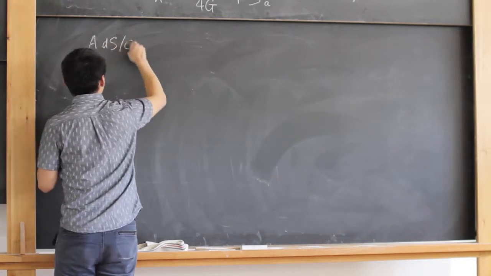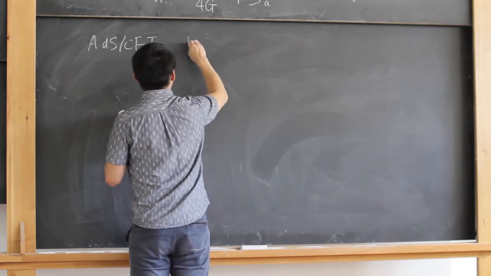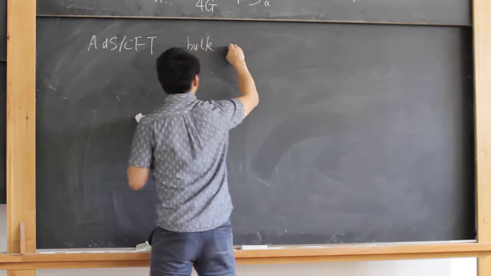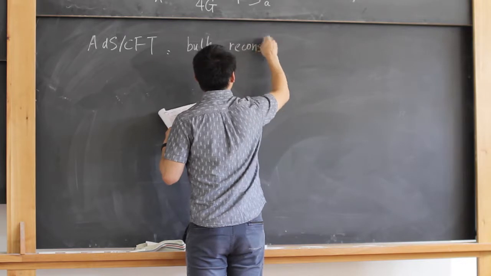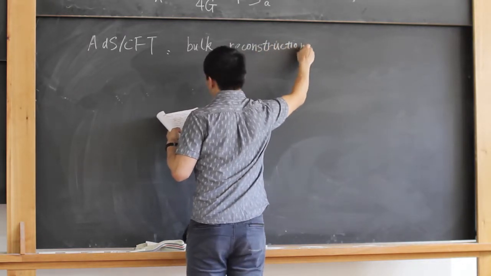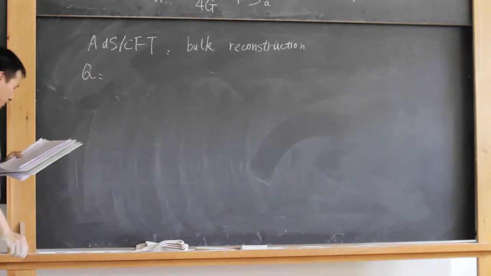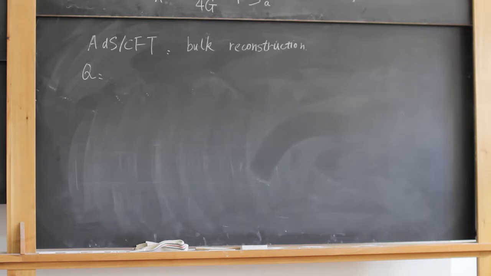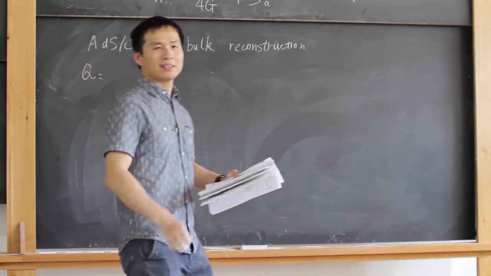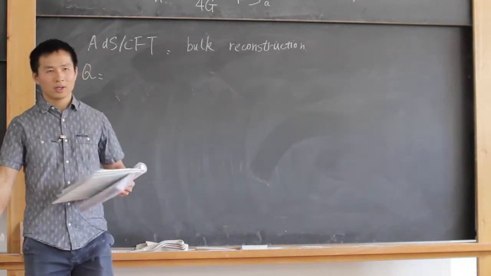So in AdS/CFT, now I'm going to talk about bulk reconstruction and how far we can go. The question I want to pose is that in the first lecture, we saw how to use the so-called HKLL formalism to reconstruct operators in the causal wedge.